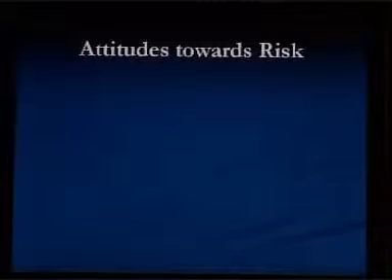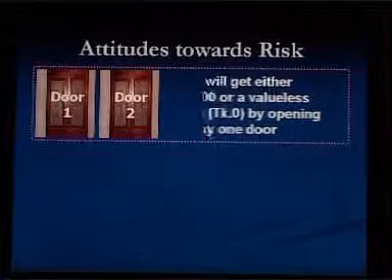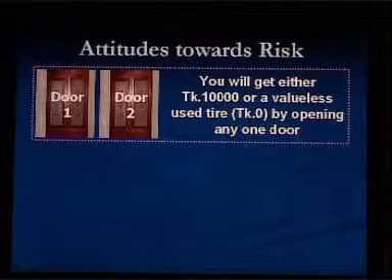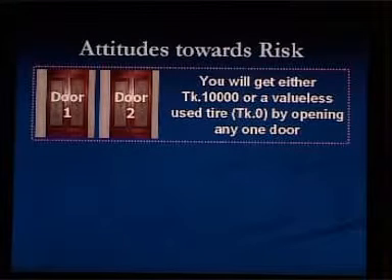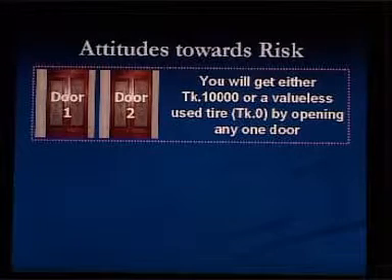Now, the question is, what is the attitude of investors to different levels of risk? We can see one television game show here. In this television game, think there are two doors and you will get either taka 10,000 or a valueless used tire, that means taka 0, by opening any one door. So, this is very uncertain for you.